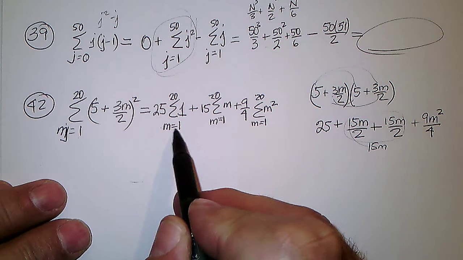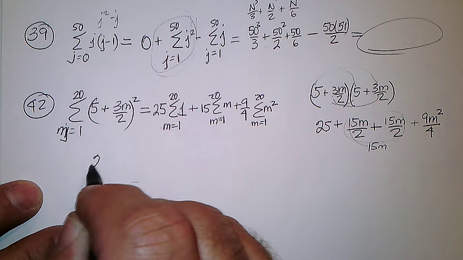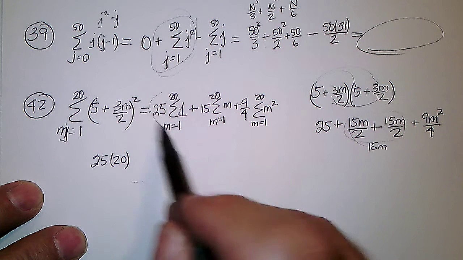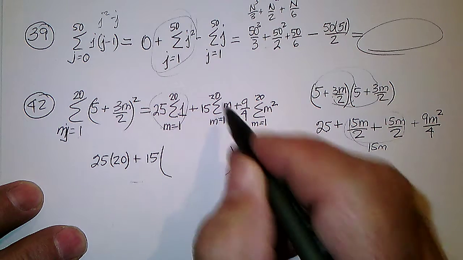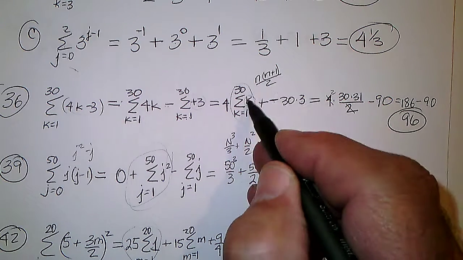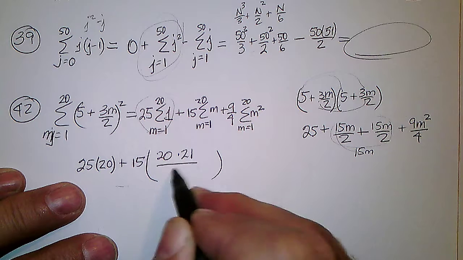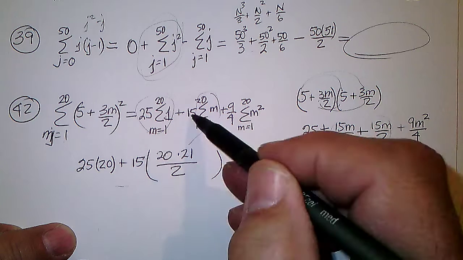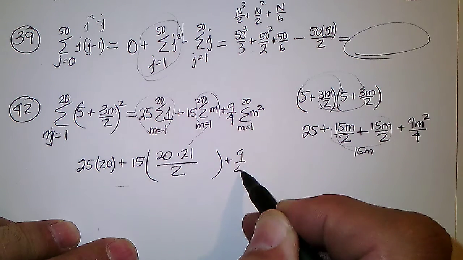So, going 1 to 20, counting ones, that's 20 times 25. That's this one. Plus 15 times, for just a single letter, like up here, it's n times n plus 1 over 2. So it's going to be 20 times 21 over 2, times the 15. And then I've got to do plus 9 fourths.